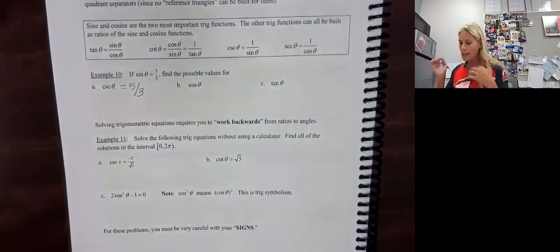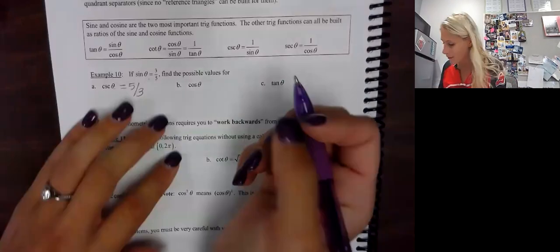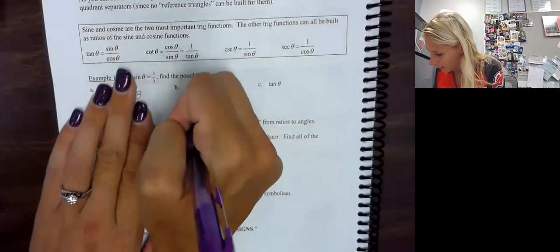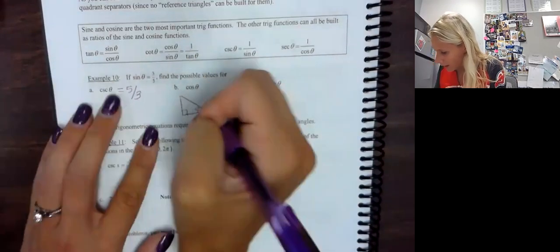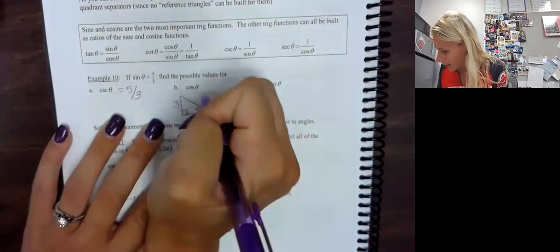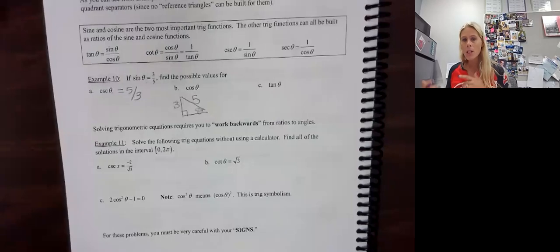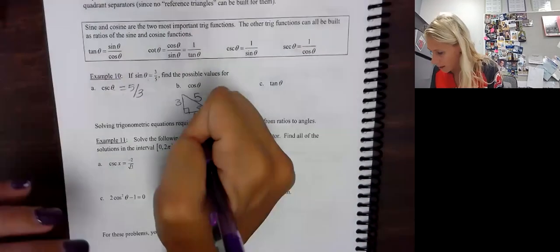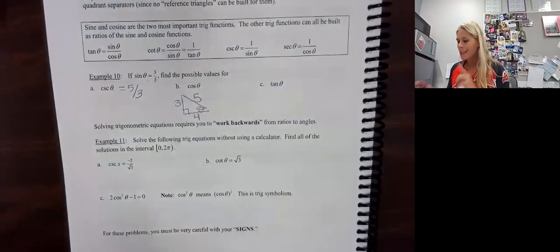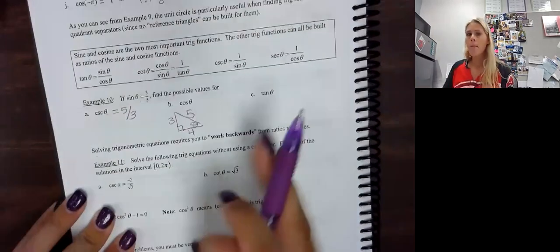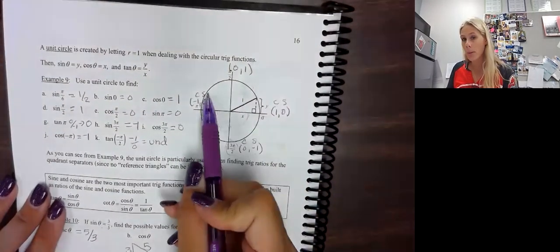Now, what connection do sine and cosine have? They really don't have a direct one. So what we have to do is draw our right triangle. If this was theta here, that means the opposite is 3, hypotenuse is 5. We can use the Pythagorean theorem to find the other side, which would be 4. Now, sine is positive, but as you can see from our unit circle, we have 2 spots that are positive.